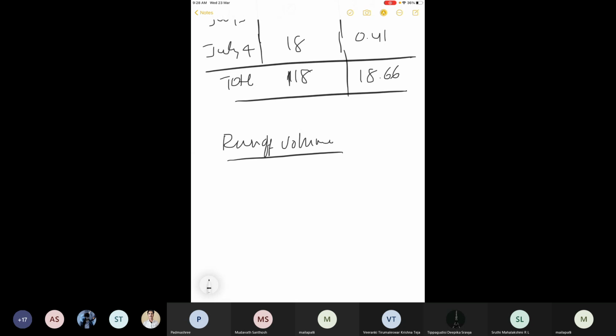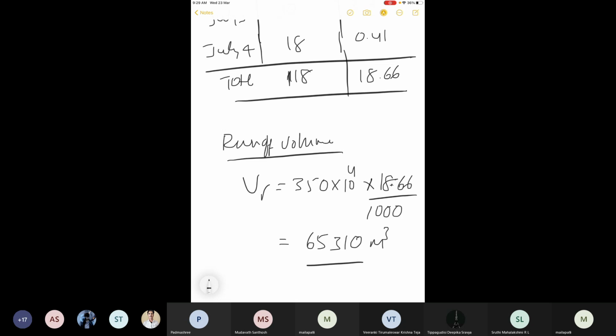So runoff volume, that is VR, which is equal to 350 hectares, 10 power 4 meter square, into 18.66. Since it is in mm, you convert that into meters by dividing by 1000, and you get 65310 meter cube.